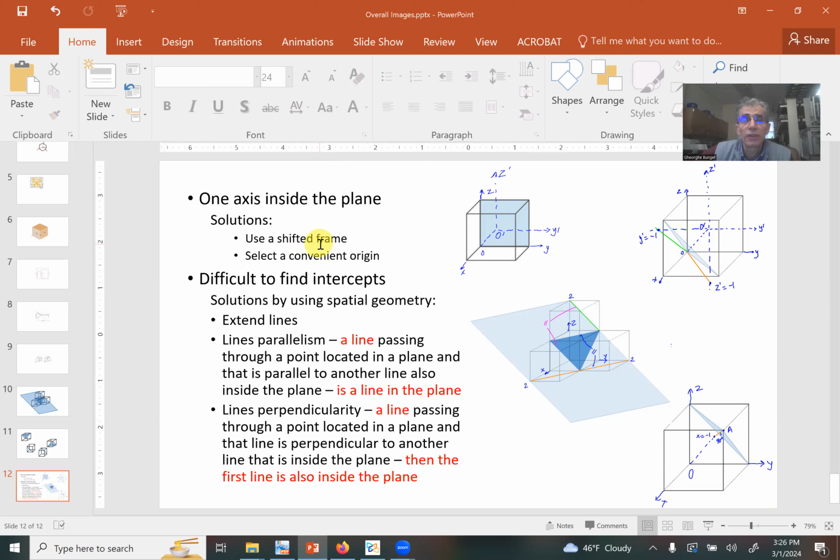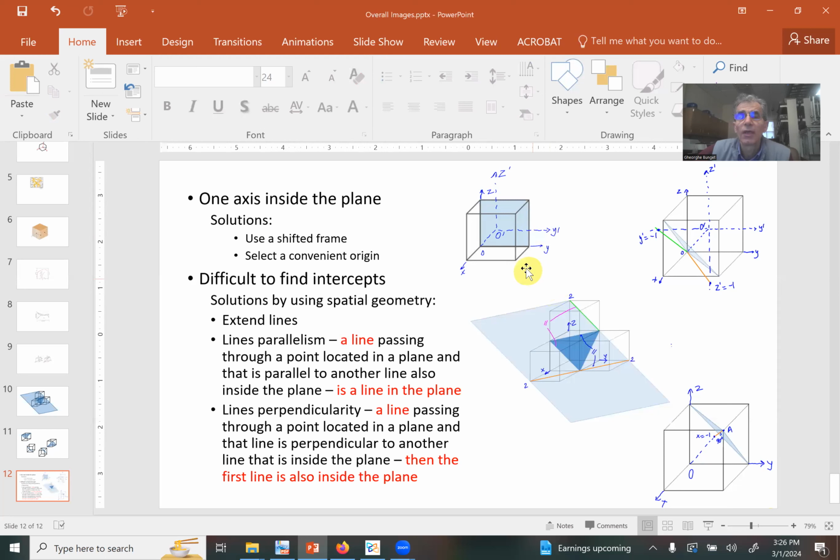We can select another frame that is shifted along one of the axes, and the most convenient way in this case is to keep the x-axis and select a frame along that axis at x equal -1. So that's the origin, and I can see y prime and z prime there.